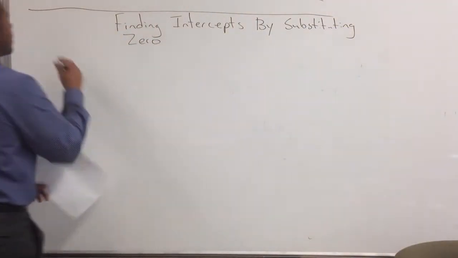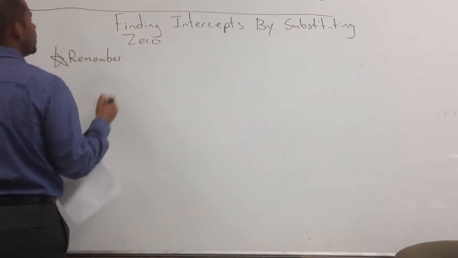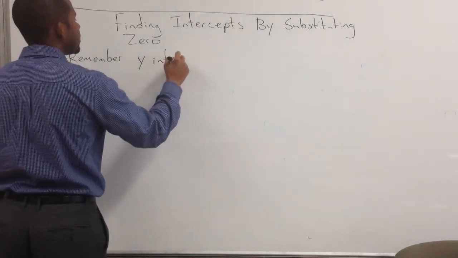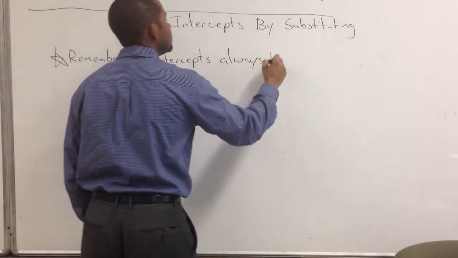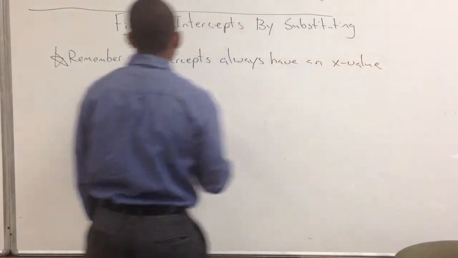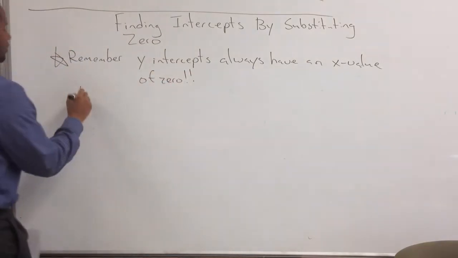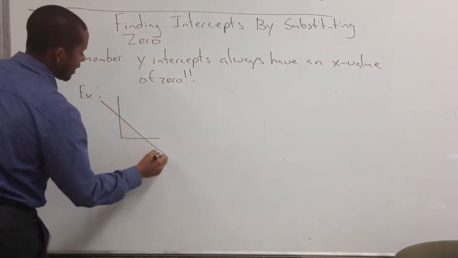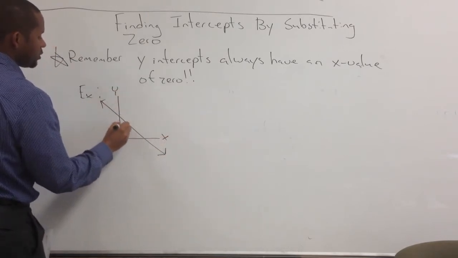So, first, remember, y-intercepts always have an x value of 0. Okay? So for example, if I have an xy axis, I have this line that goes through it. Here's y, here's x. 1, 2.